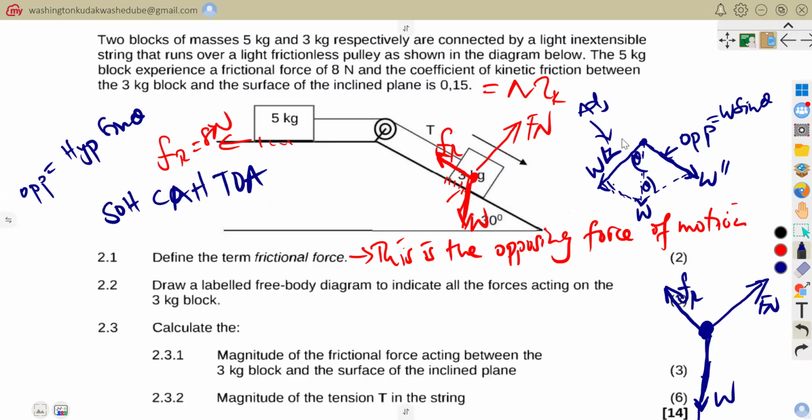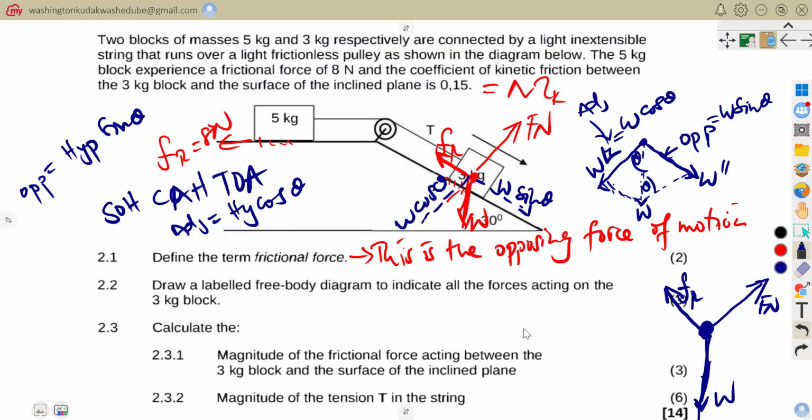Your perpendicular weight component, which is your adjacent, adjacent would be equal to hypotenuse cos theta, so this would be W cos theta. So the parallel weight component would be given by W sine theta, and the perpendicular weight component would be given by W cos theta. You have resolved your forces there.